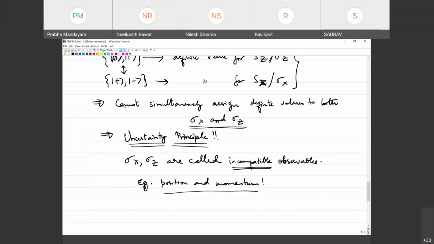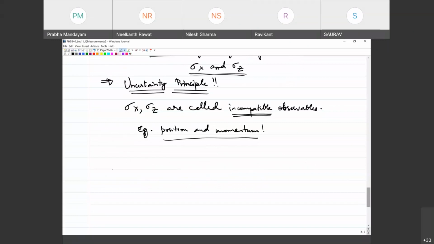But the fact that putting in an X measurement completely randomizes the Z statistics again tells you that you cannot assign definite values to both X and Z simultaneously, right? So there is, of course, a formal way of stating this, and the formal way is in terms of the standard deviations.